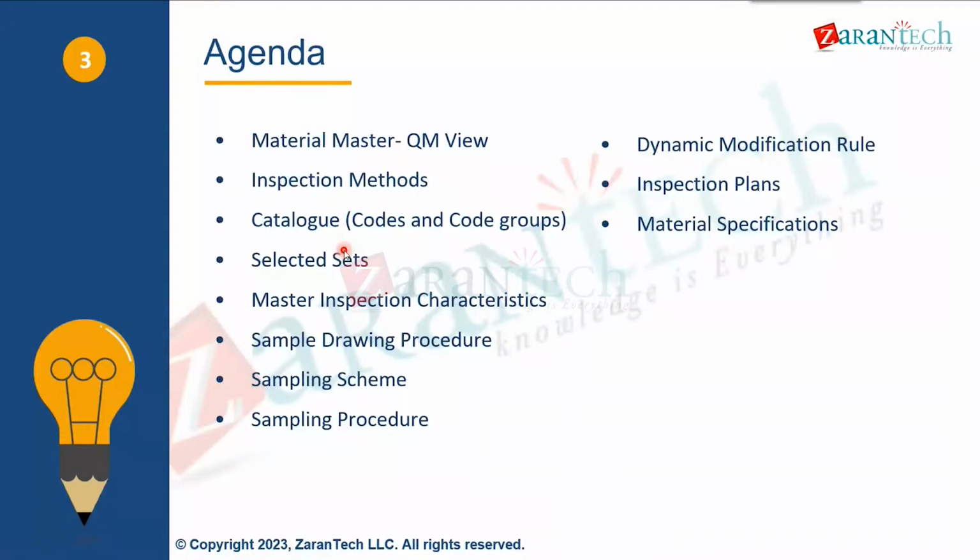Whichever control indicator you selected, you have to enter everything in the master inspection characteristic itself. If you select lower limit or upper limit, you have to enter it in the master inspection characteristic creation screen itself. If it is incomplete copy model, system will not ask you, and you can save that characteristic.